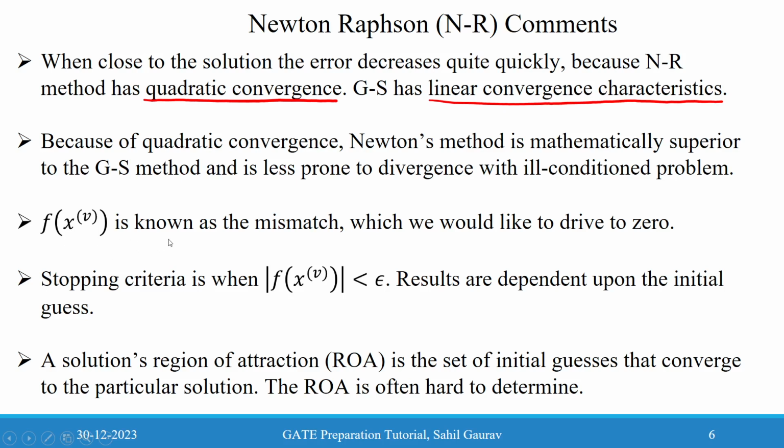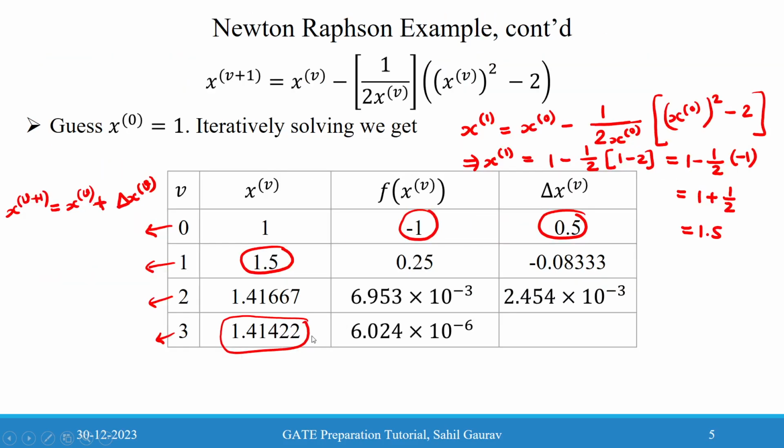This f(x) is known as the mismatch, which we would like to drive to zero. The stopping criterion is when this f(x) is less than some tolerance value, and the results are dependent upon the initial case. Here we can see this f(x) is tending to zero. Upon the fourth iteration, we can say that it is approximately zero.